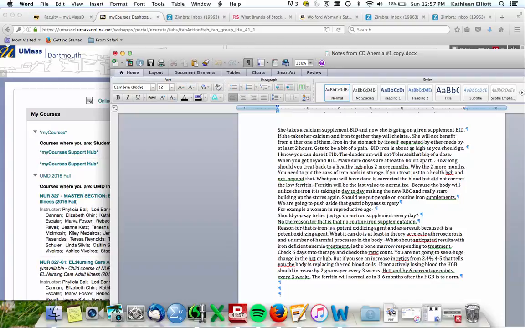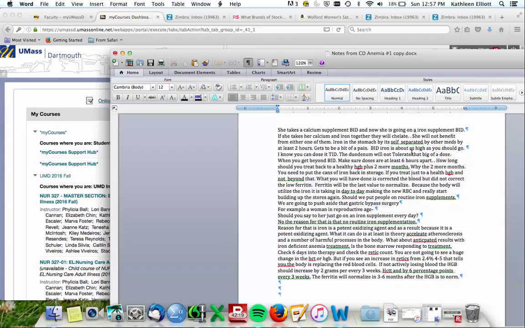How long should you treat back to a healthy hemoglobin? You want to treat to a healthy hemoglobin, and then you want to add 2 months. So the question is, why the 2 months? Basically, you need to put those cans of iron back in storage.